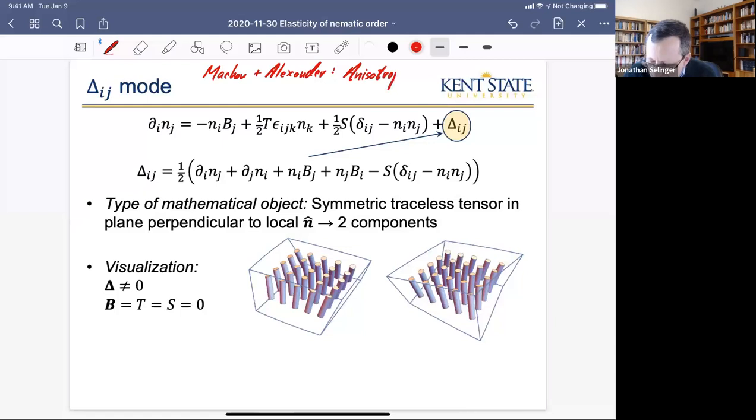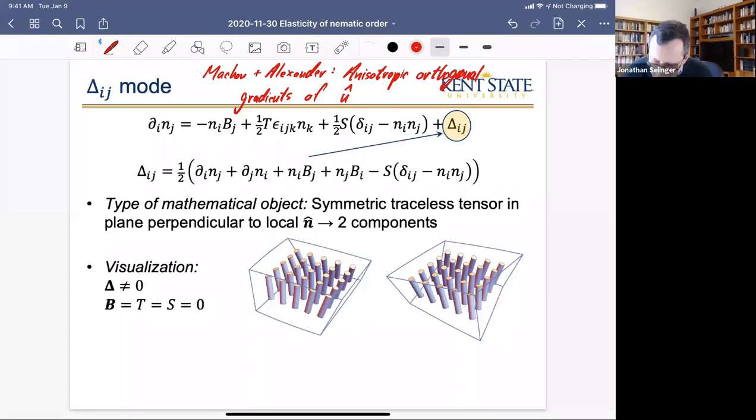They called it anisotropic orthogonal gradients of n. I wrote about it in this Liquid Crystal Reviews article, and I said, what? That phrase is way too long. I can't use that phrase.